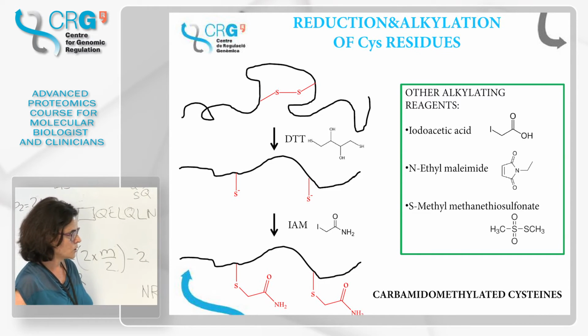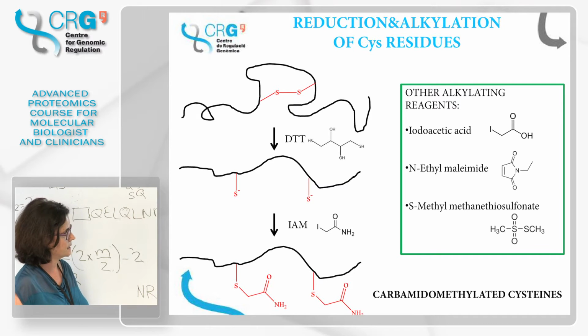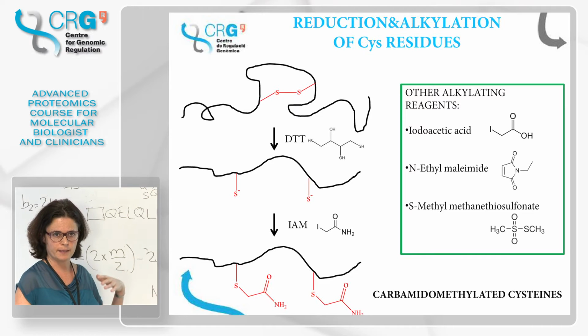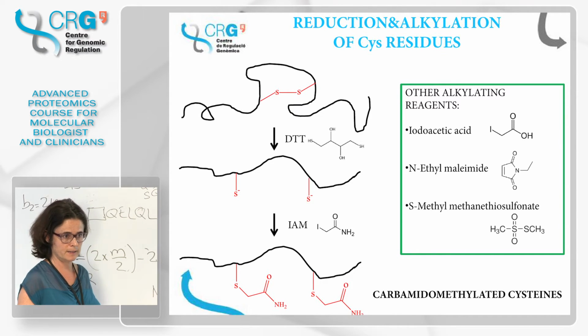Okay, so also before the digestion, we usually reduce and alkylate the cysteine residues. We use reducing agents like DTT, one of the most common, to open the disulfide bonds, and then we alkylate them with alkylating reagents like, for example, iodoacetamide. Why do we do that? Well, first, because opening the disulfide bonds makes the protein more open and more easily accessible to the trypsin.